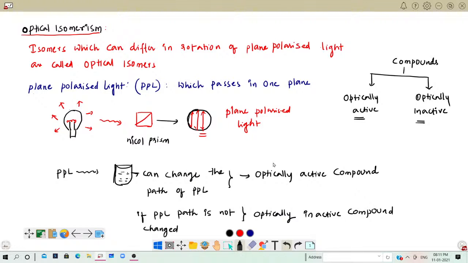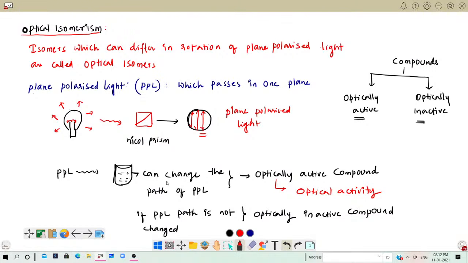And that phenomenon is known as optical activity. If the compound can change the PPL path into another direction, this phenomenon is optical activity.